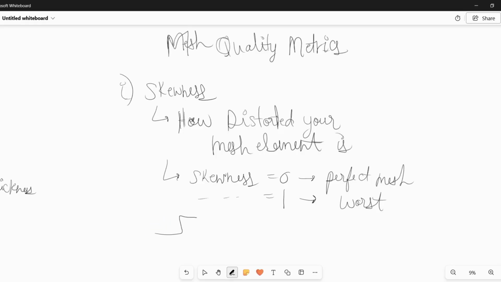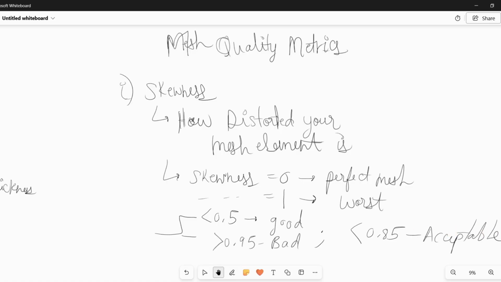So I'll just tell you the general metrics. If it is less than 0.5, it's good. If it is greater than 0.95, it's bad. And if it is less than 0.85, you can take it as acceptable, right?